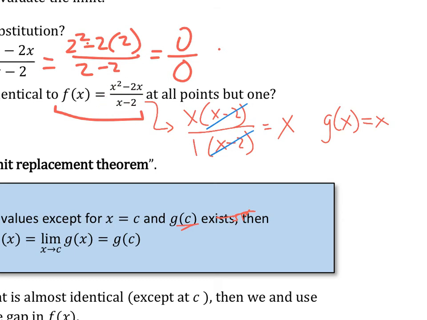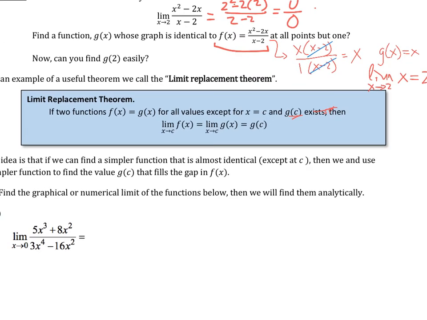But the limit of this is going to be the same as the limit as x goes to 2 of g of x, which is x. Well, that's not hard to compute. That's just 2, right? So the moral of the story is this. We're going to try to get rid of any problems or any domain restrictions so that we can just use direct substitution.